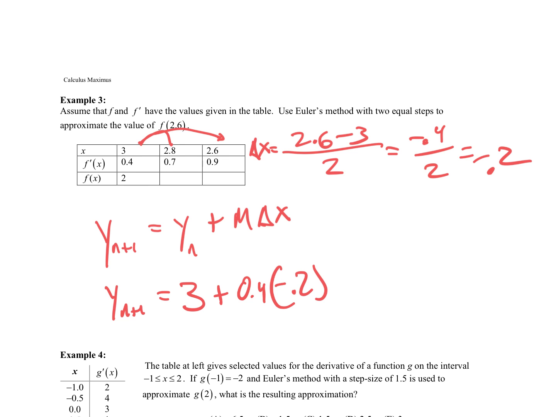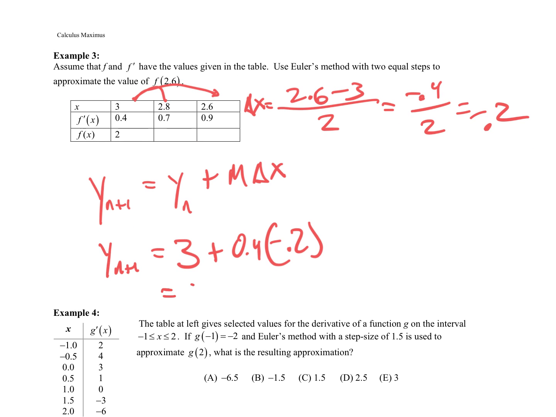Okay, so there we have it. All right, so this is 3 minus 2 times 4 is 8, but we're going to move the decimal one place, 0.8. So 3 minus 0.08 is 2.92.